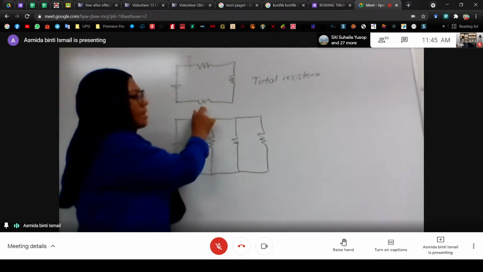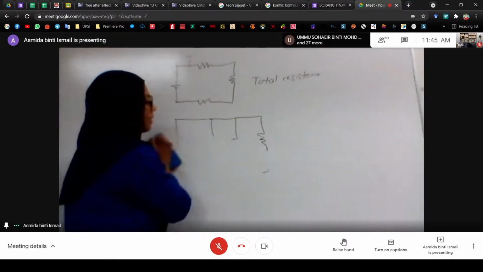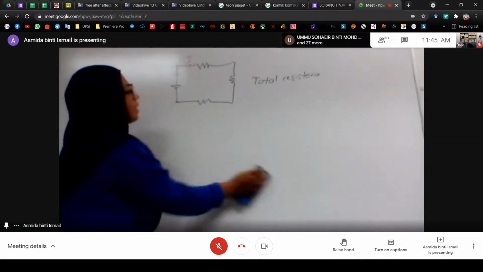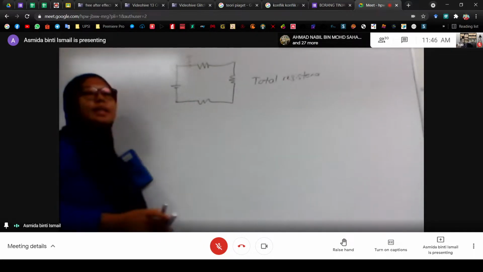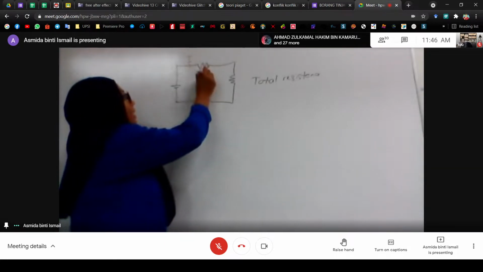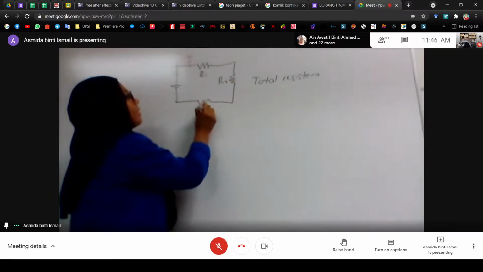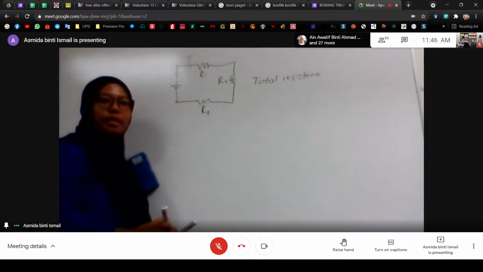So for this series circuit, ni sama dia macam litar dalam slide awak tu. This is R1 and this is R2. This is R3.